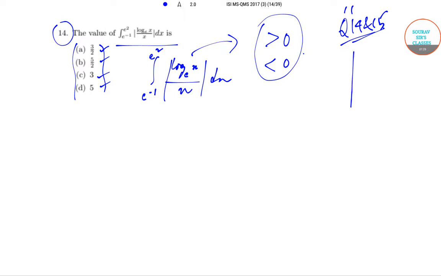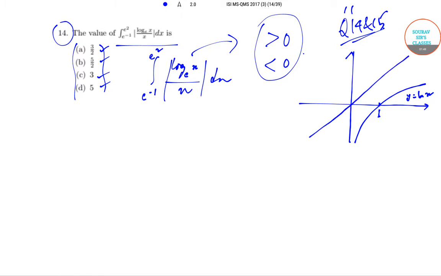So if we draw, this is the x-axis and this is the y-axis. Now ln of x is given by this part, where it intersects the x-axis at x equal to 1. This is nothing but y equal to ln of x, and y equal to x is given by this part, and at x equal to 1, y equal to x is equal to 1.